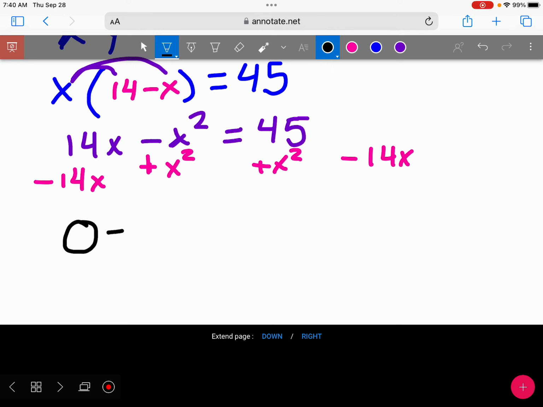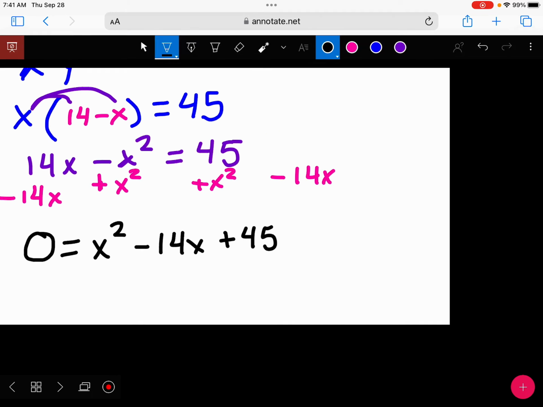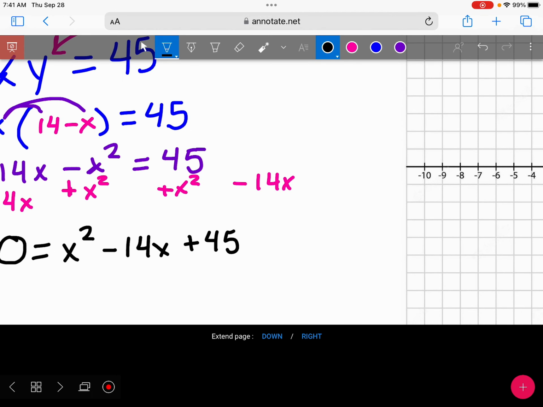But we're getting 0 equals x squared minus 14x plus 45. And that's the one we're going to try and graph. That's our guy.